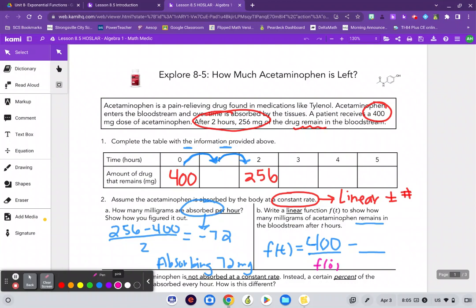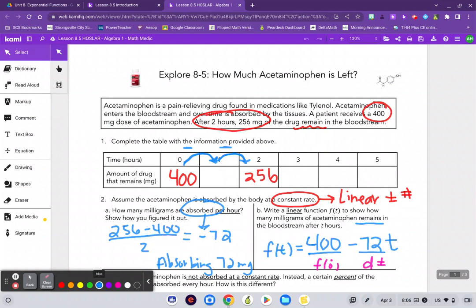I'm taking 72 away, so 400 minus 72 tells me how much is left. This is going to be that common difference, that number I'm adding or subtracting by. In this case, I'm subtracting 72 each hour, so I need a big T. Not exponential, so there's no exponent here.